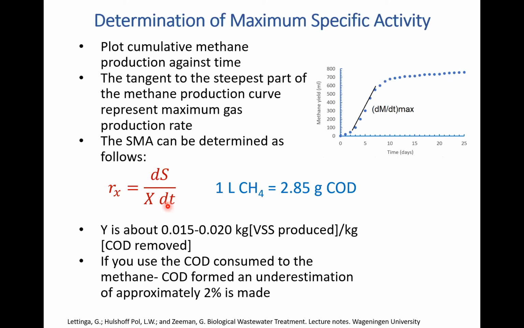But as I mentioned, this is maybe only 2%. It can be an underestimation, but it can also be included. If you would like to, you can include this yield in the calculations. I would also like to explain that X here is the amount of microorganisms, and you can measure this as VSS during this test.